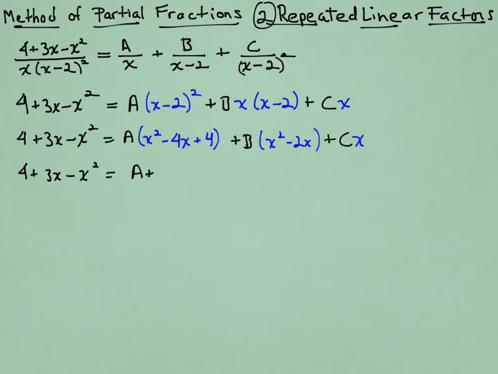Just rewriting the left side, and then looking at the right side, I'm going to start looking for the degree 2 terms. There's a times x squared plus b times x squared, so we have a plus b of the x squares. We now repeat that for the linear term. It's going to be a times minus 4x, so it will be minus 4a. It will be b times minus 2x, so minus 2b.